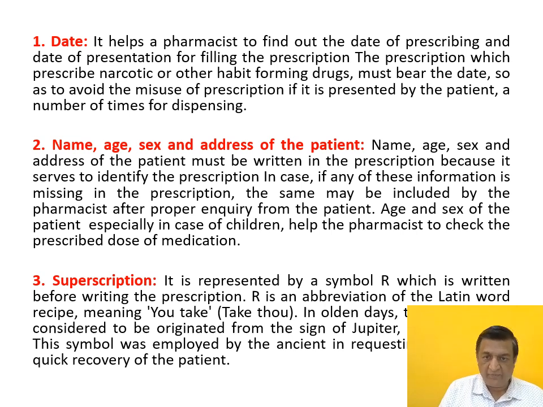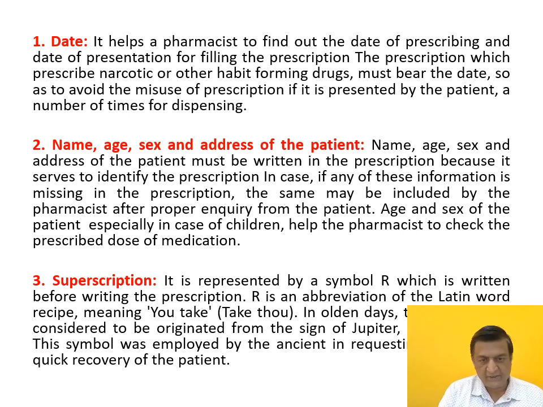In case any of this information is missing in the prescription, the same may be misused by the pharmacist after proper inquiry from the patient. Age and sex of the patient, especially in case of children, help the pharmacist to check the prescribed dose of medication.